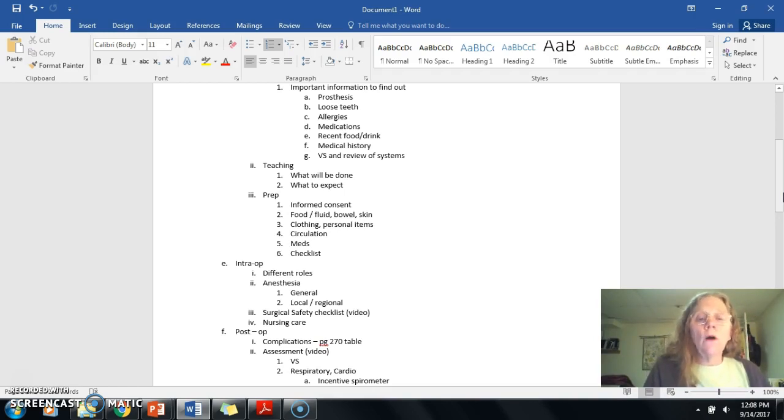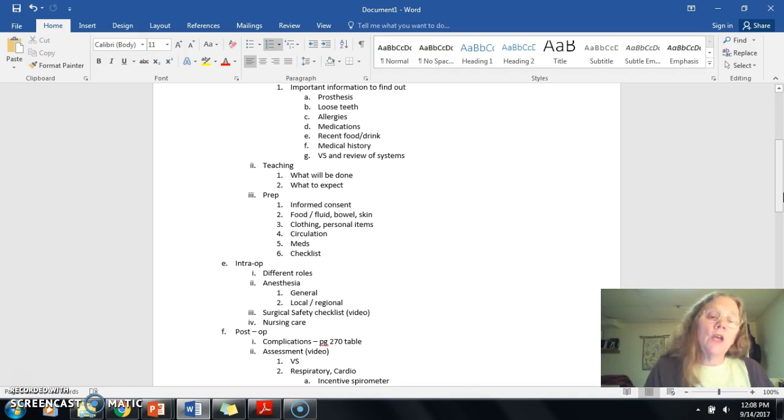The doctor explains the procedure, and then the nurse follows up by making sure the consent is signed. Assessing whether any food or fluid has been taken in a given period of time would be determined by the anesthesiologist.